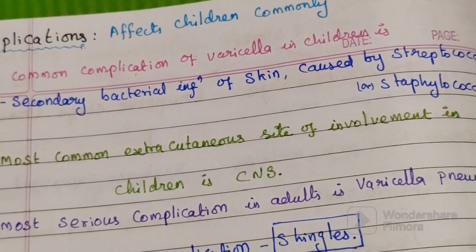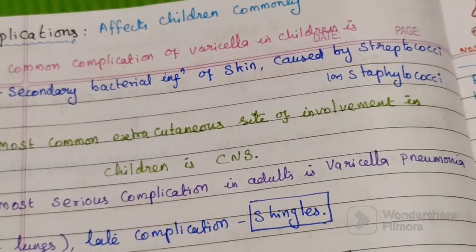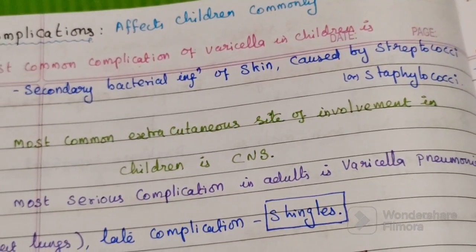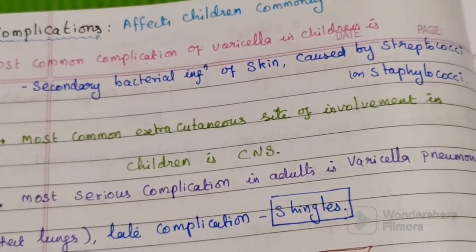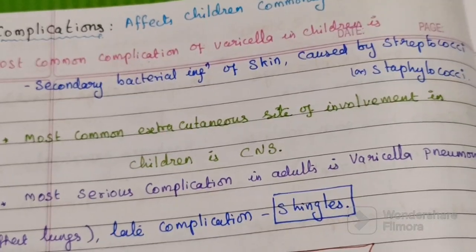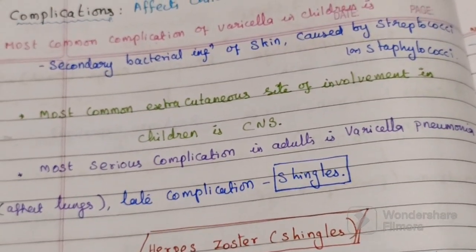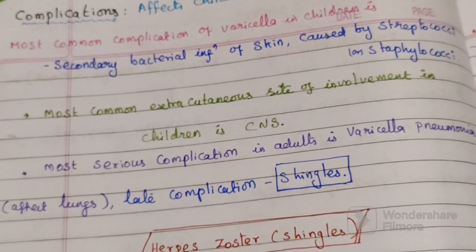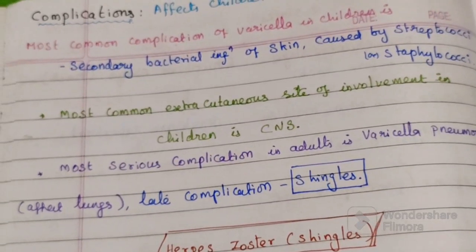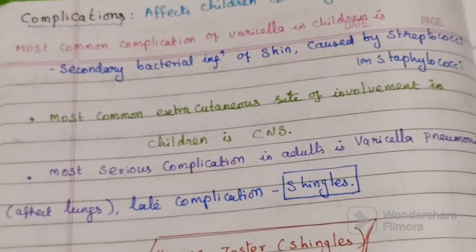Extracutaneous complications occur in the CNS. The most common complication in adults is pneumonia, affecting the lungs. A late complication is shingles, a latent infection in both children and adults.